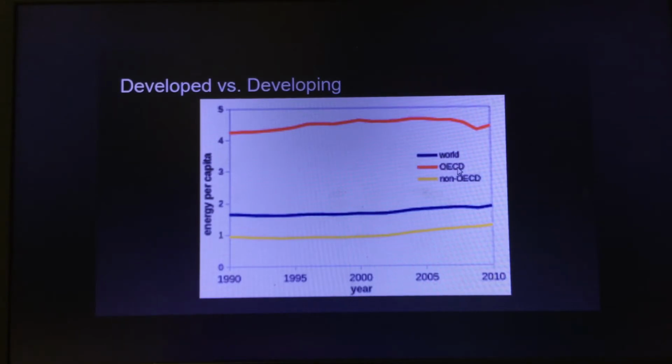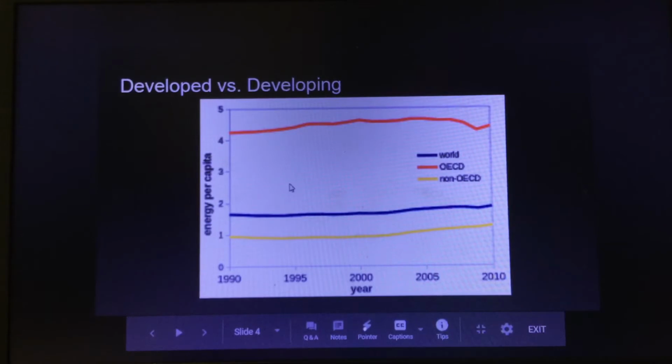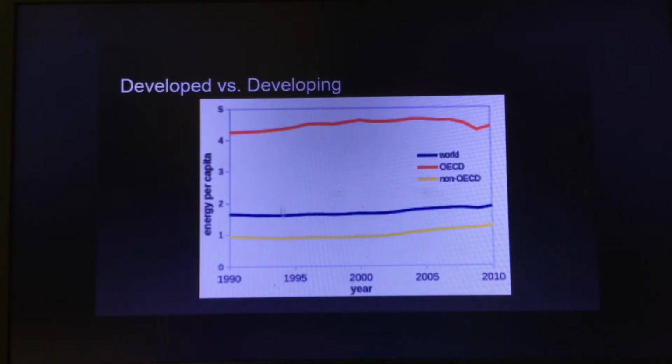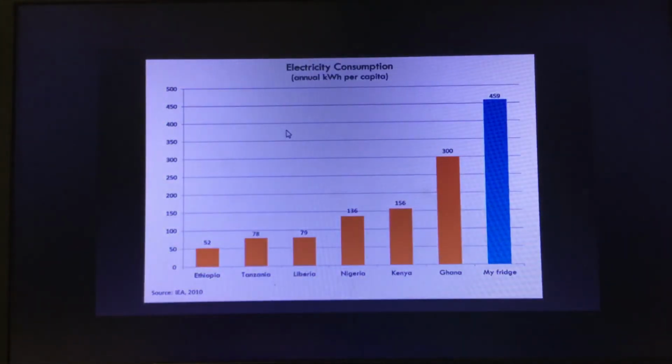An OECD has to do with a developed country, an economically developed country, and so that average is above 4, but we saw for the United States, it's closer to 7. And then a non-developed country is going to be closer to 1. And so we can see that although there are lots of people who live in non-developed countries, the number of people who are living in a developed country makes that much higher.